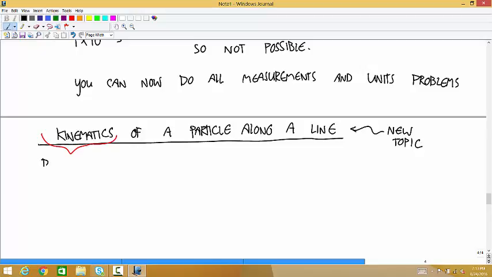So this is just describing motion. It doesn't go into what causes motion or anything like that. It's just quantities that describe the motion that's happening. No causes of the motion.